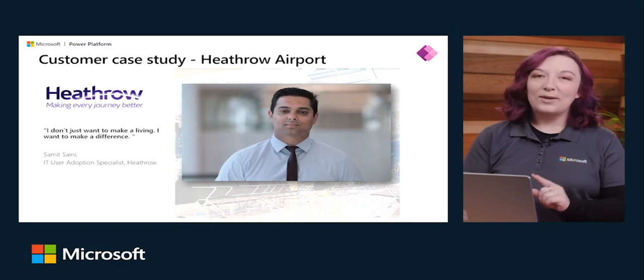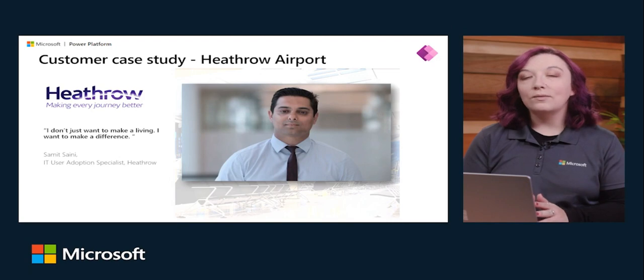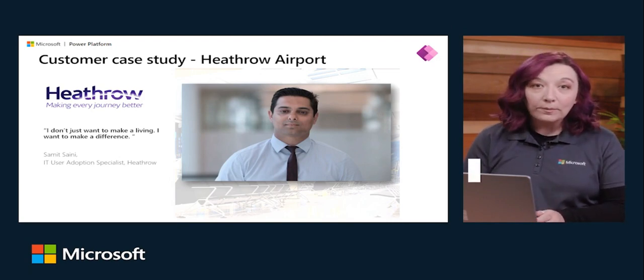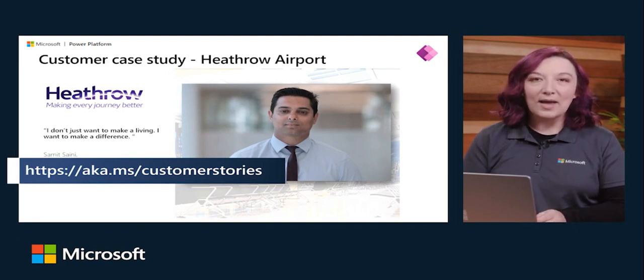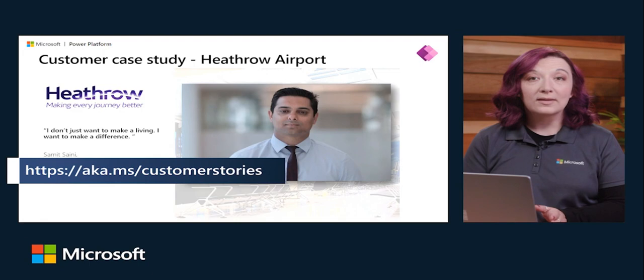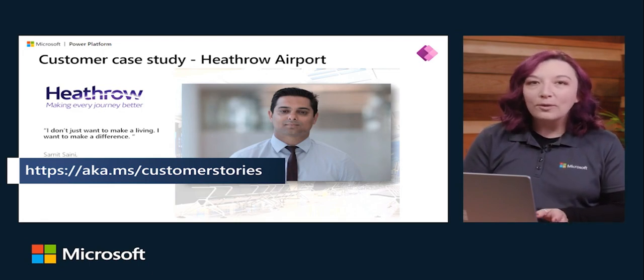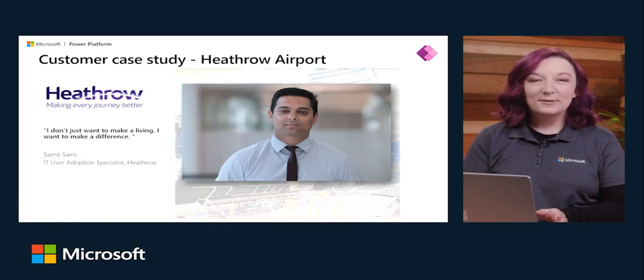And this is where I recommend you look at our customer stories. You can find all kinds of real-world use cases and scenarios for the Power Platform. Our customer stories can be found at aka.ms/customer stories. Now let's look at this amazing one showing how Heathrow Airport has used these solutions to make a difference.